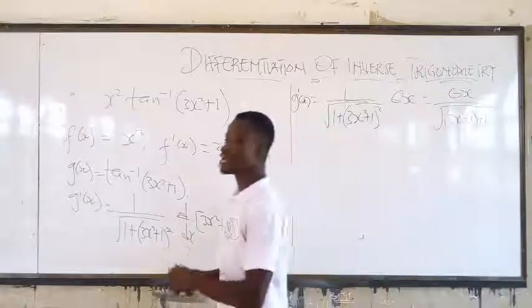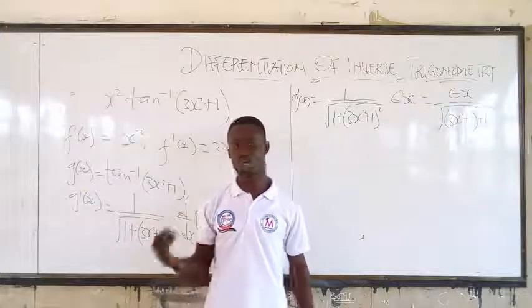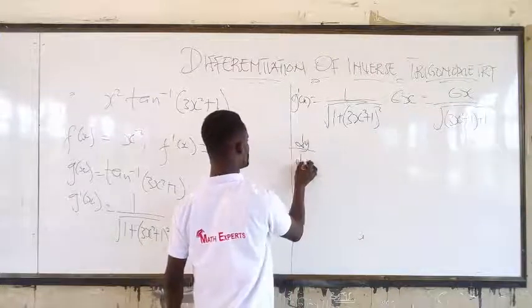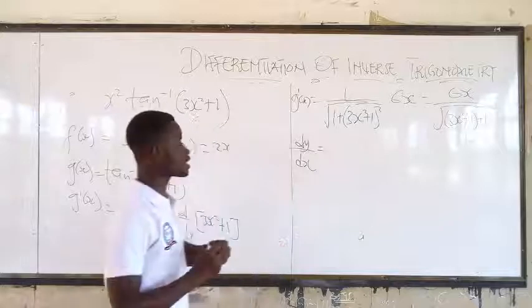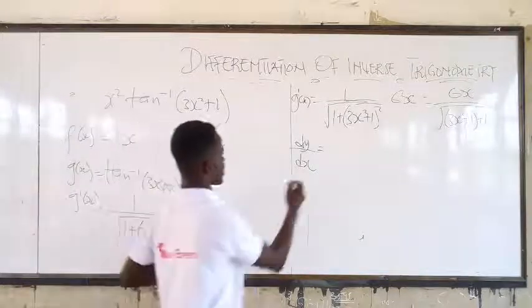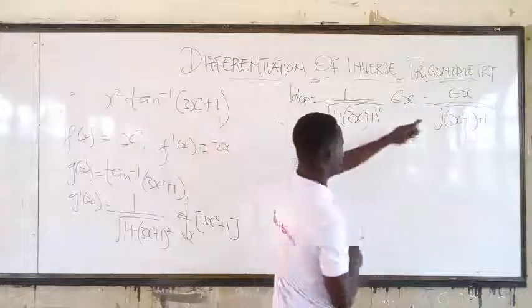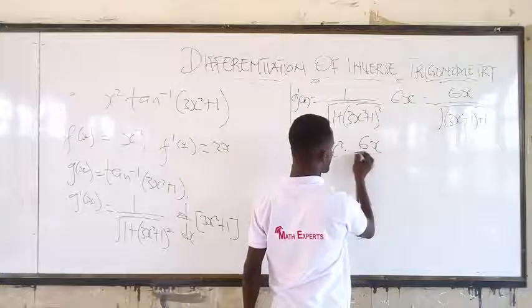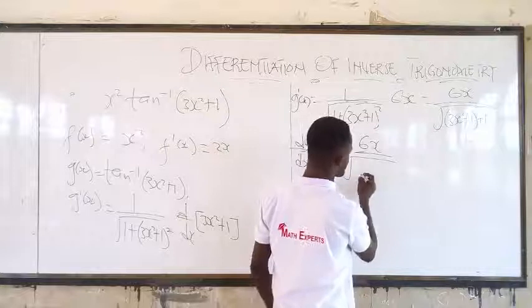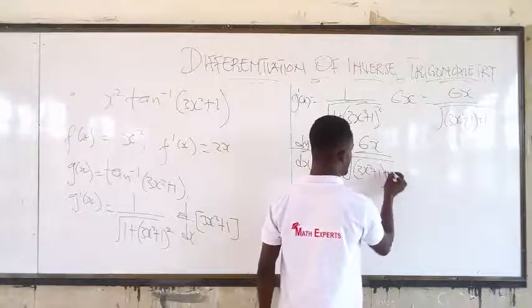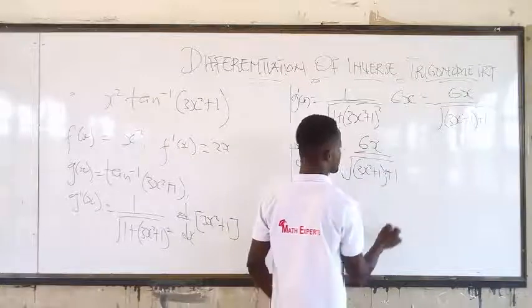So now that you have your f prime and g prime, we can take our derivative. So dy/dx is going to be, product rule: leave the first one, differentiate the second, and that is this. Alright?